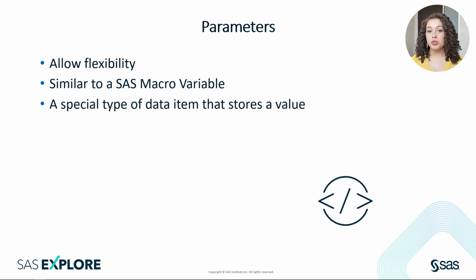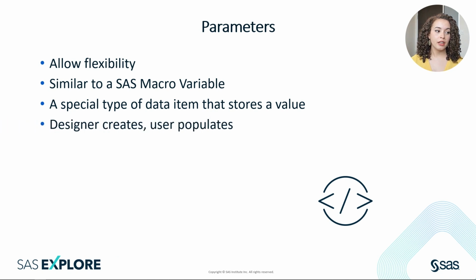It's a special type of data item where it stores a value that the user inputs, and you can use this across the other data sources. They're not restricted to one data source or another. It's a really special kind of data item. The designer of the report creates the parameter for you, and then the user gets to populate it, and then it'll be used somewhere else inside the report.